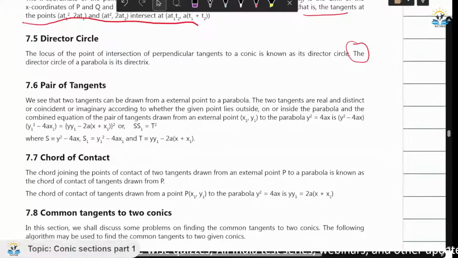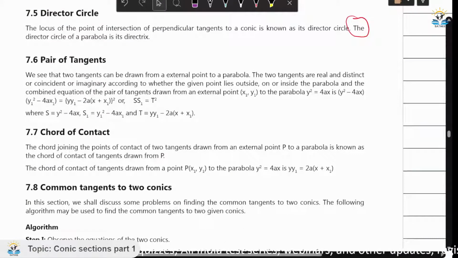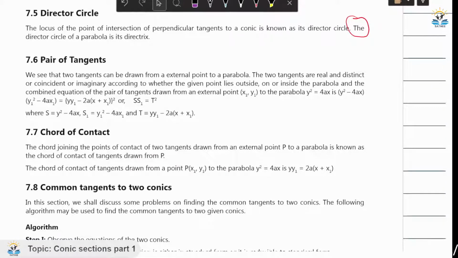So the next topic that we have is the pair of tangents.